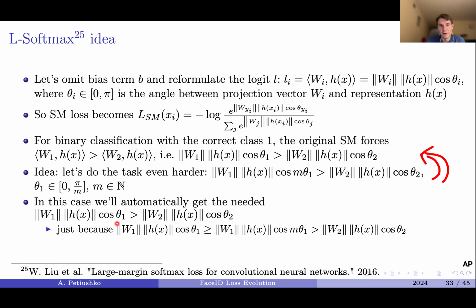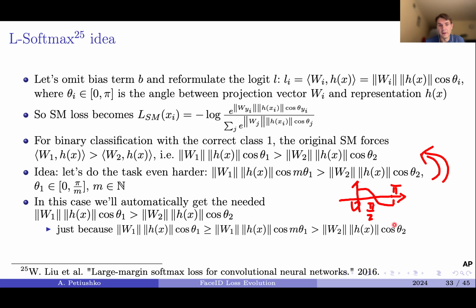Why? Just because of the cosine. Let me depict it here. Here 0, here pi over 2, and here pi. And we can see that the cosine function in the closed interval from 0 to pi is just a decreasing function.